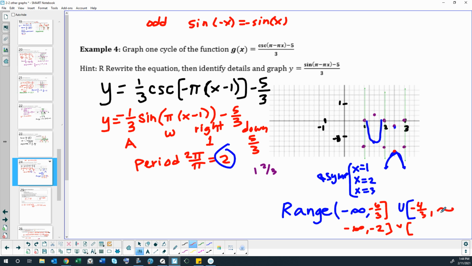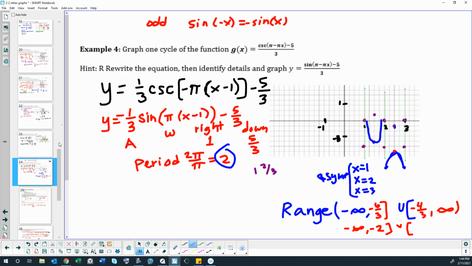To infinity. So there's our range from -infinity to -2 and -4/3 to infinity. The domain would be all real numbers except for x = 1, 2, 3, 4 integer values, basically k. And we've got the period is 2. I think we've got everything in there.